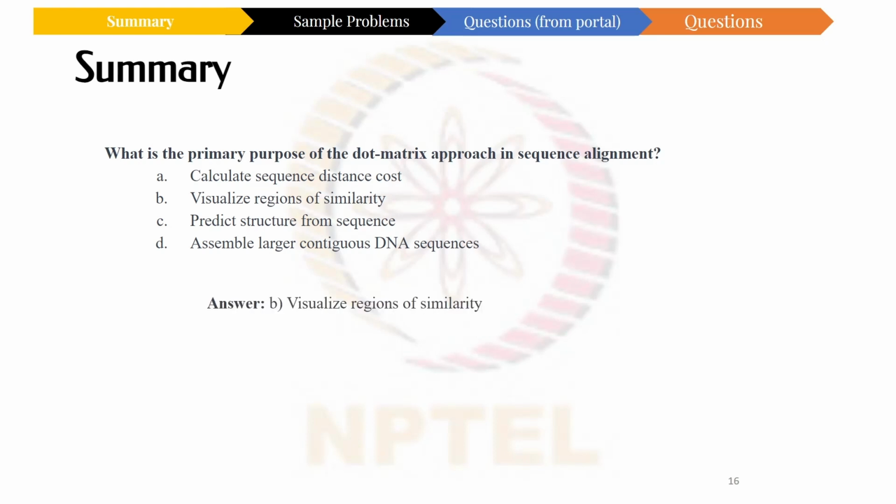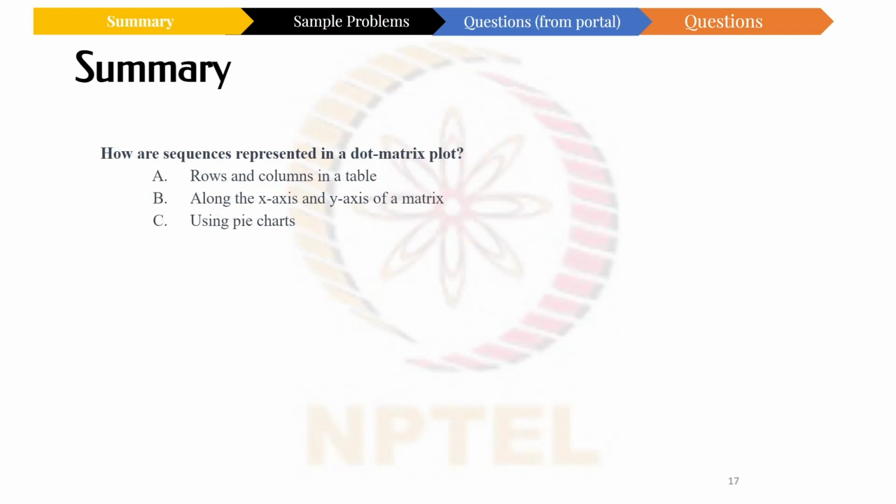Dot matrices are used to visualize the regions of similarity. So how are pairwise aligned sequences represented in a dot matrix?